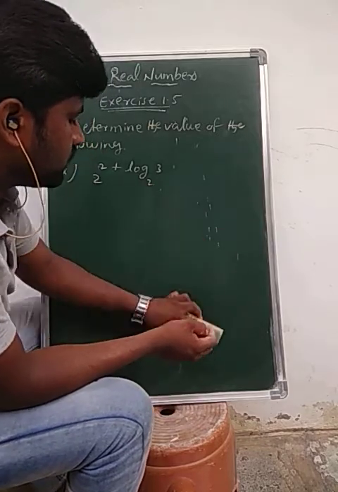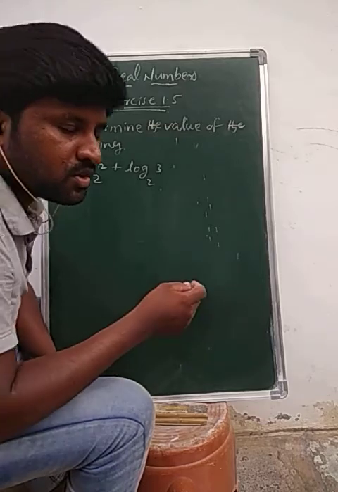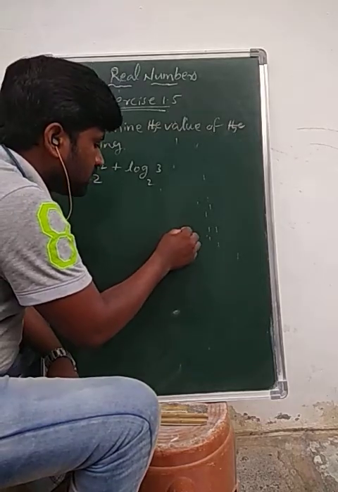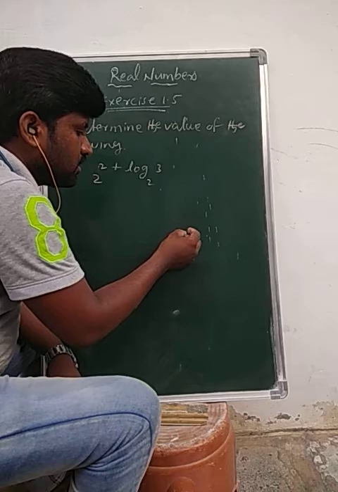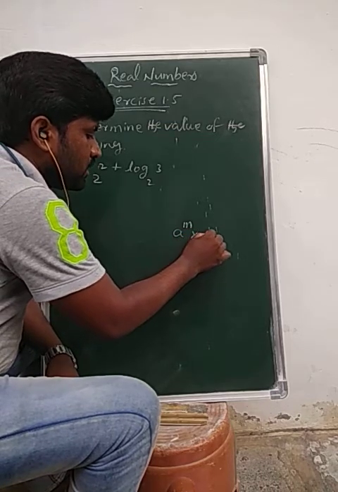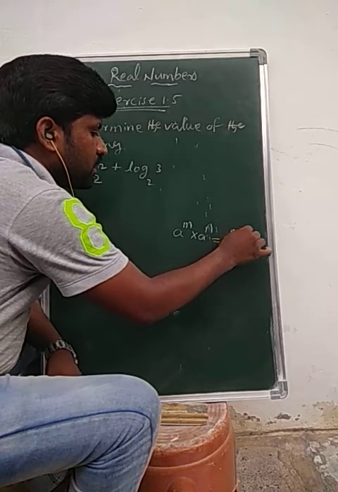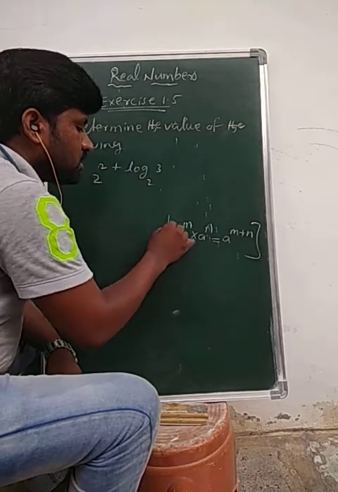This is the question. Now you try to remember one formula we discussed in laws of exponents: a power m into a power n is equal to a power m plus n. This is the required formula.